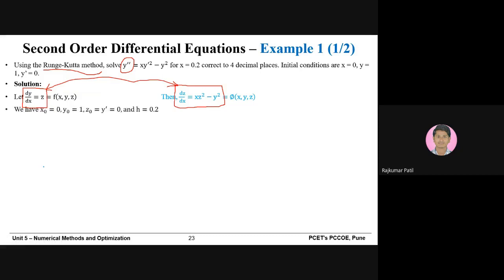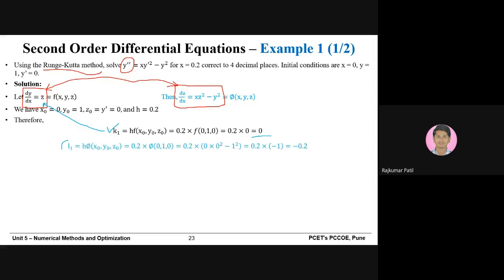Now to both of these equations we can apply the Runge-Kutta second order method. So we wrote given values, then we calculated k1, and while using the formula always remember that k1 is equal to dy by dx is equal to z. So you need to correlate those equations, and you got k1 as 0. Then you calculate L1, and this L1 is related to your second equation, that is dz by dx is equal to xz square minus y square, and you got the value as minus 0.02.